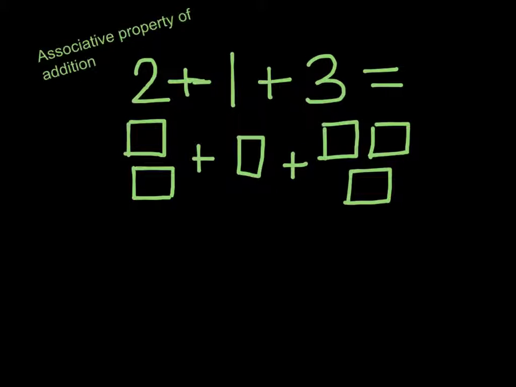So we are going to have 1, 2, 3, 4, 5, 6. Alright, so we are going to get 6 as our answer. Now let's try adding just our 2 and our 1 together first, and then adding our 3, and see what happens then.